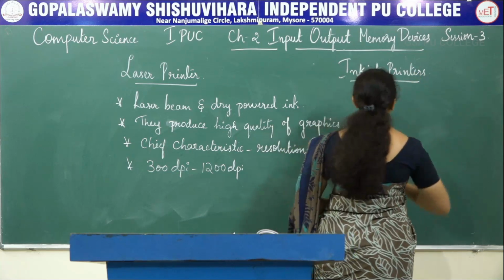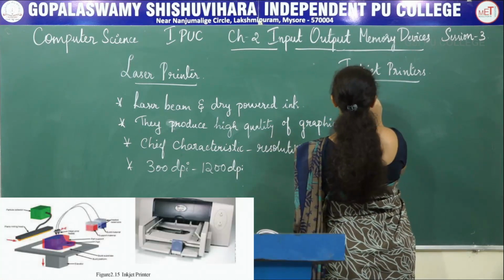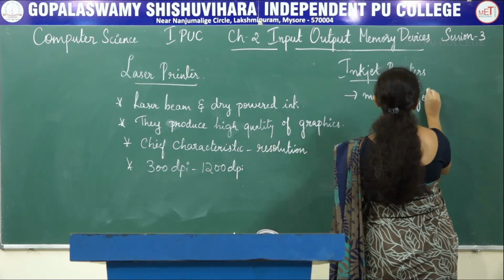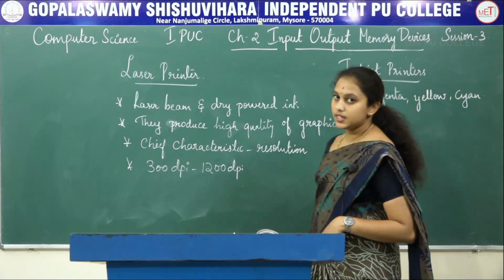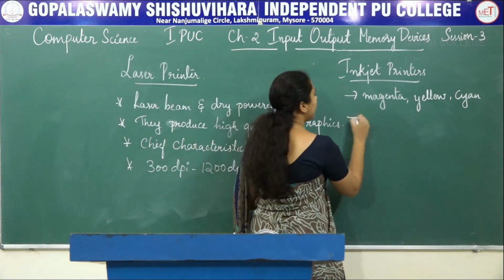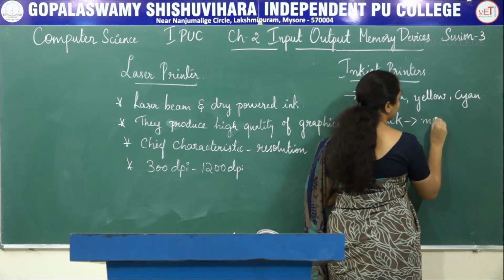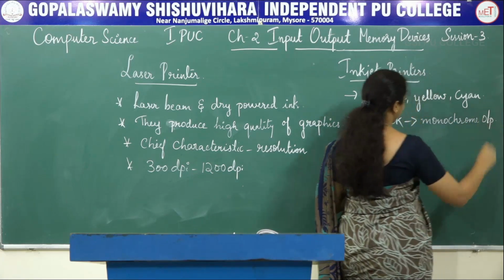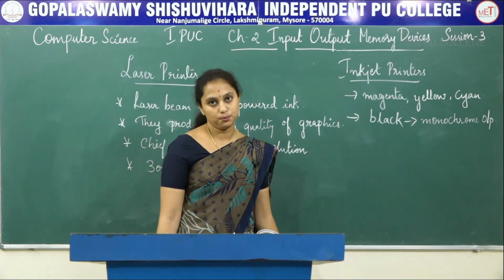Inkjet printers use different colors like magenta, yellow and cyan inks to create color tones, and they use black cartridge for crisp monochrome output.